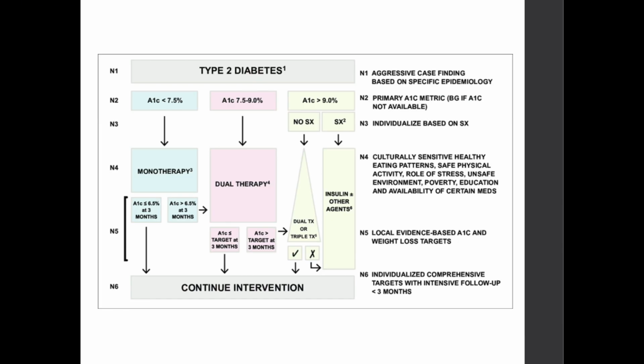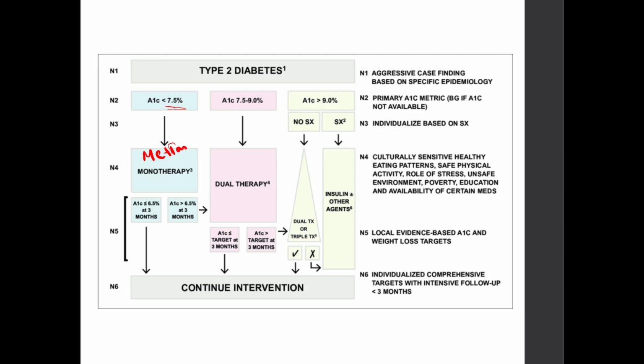Here, that's how we deal with patients with type 2 diabetes, and how to control their diabetes. So if the patient has a hemoglobin A1C less than 7.5, then in this case we start lifestyle modification and only one oral anti-diabetic, which will be in this case metformin, for example.